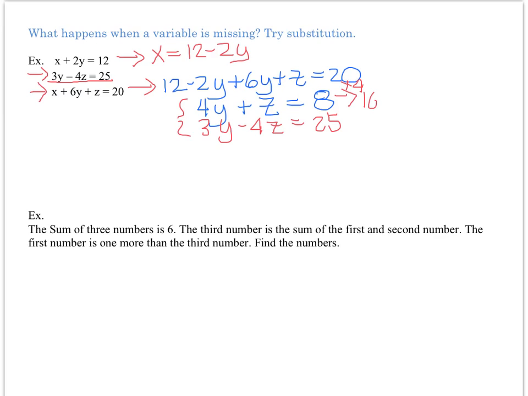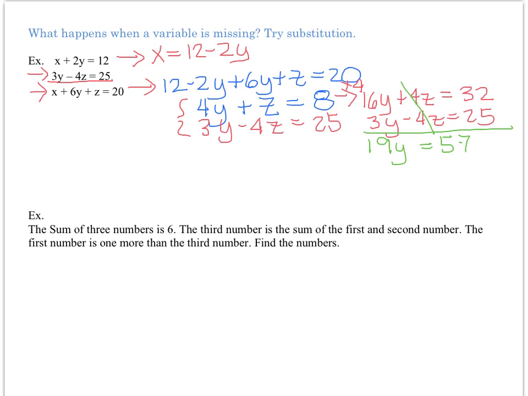So I end up with 16y plus 4z equals 32. Downstairs I leave it as it is, minus 4z equals 25. And when you do your linear combination, I have 19y, those z's will go away, equals 57.